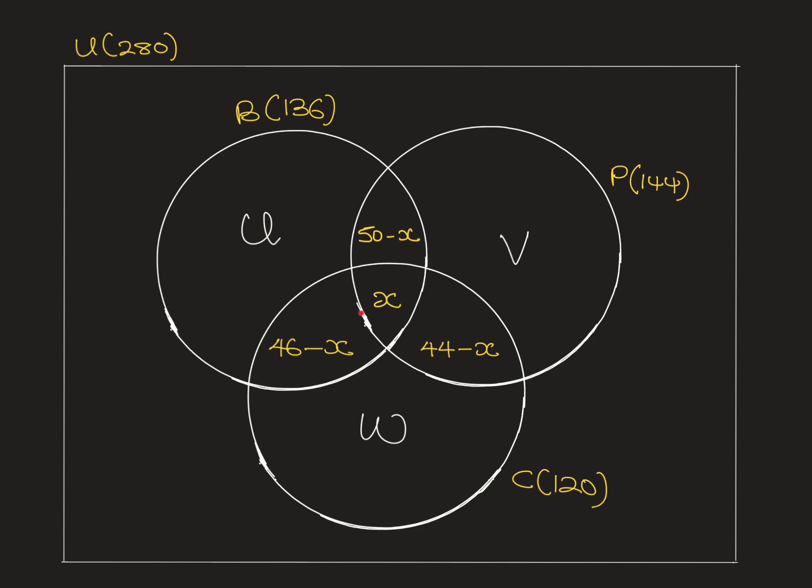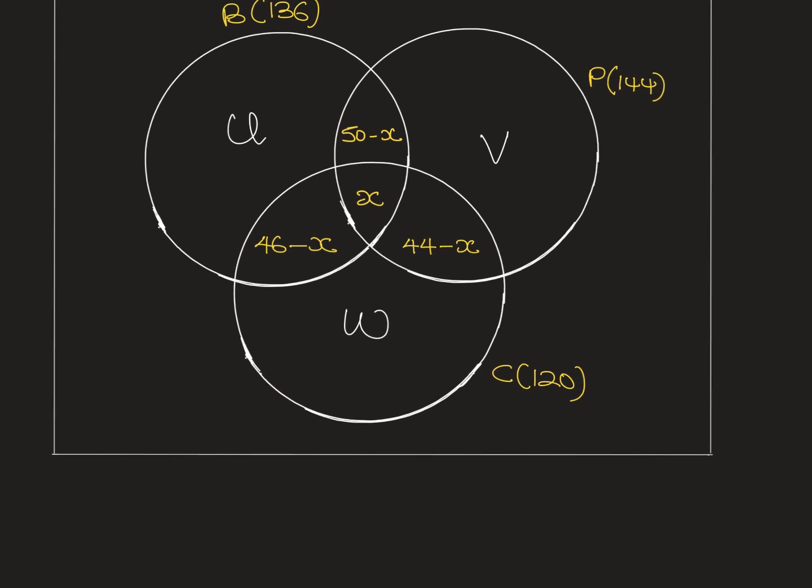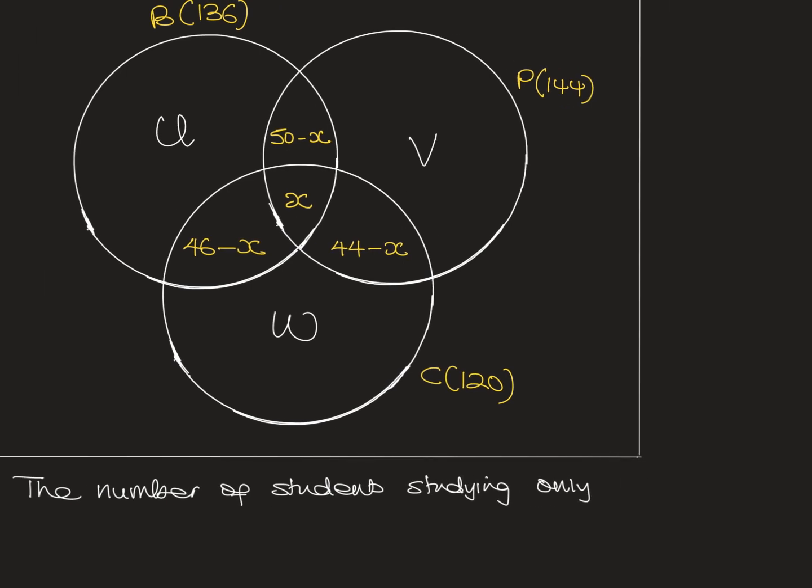And in this other circle, the number of students studying physics is 144. What can we do? Let's find the number of students studying only biology.